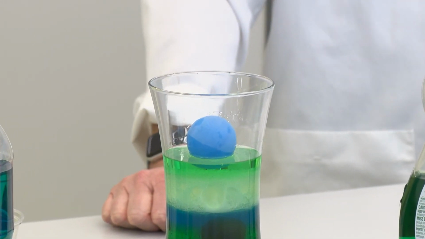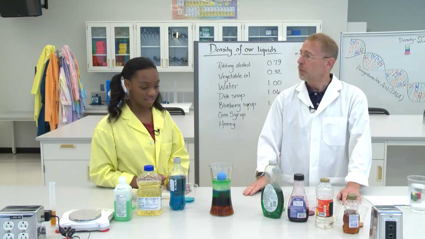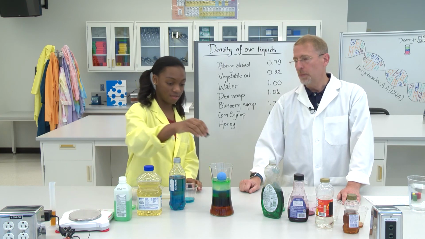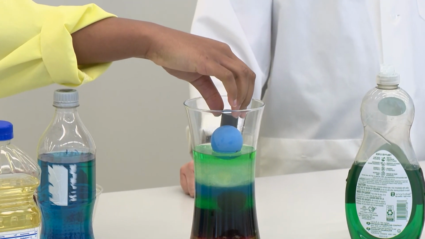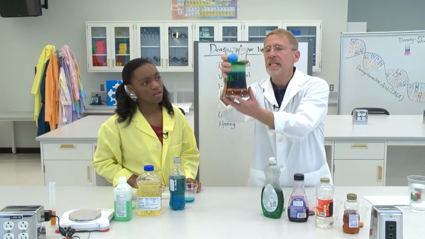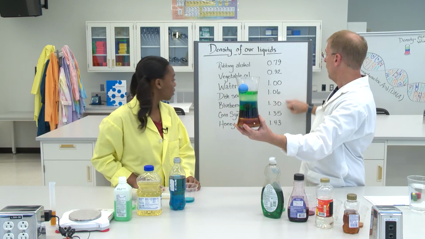Yeah, this is full of air, and it's buoyant, so it's going to just float up on top. And then last, let's try that nylon bead that you've got. And that nylon bead has stopped between the dishwashing soap and the blueberry syrup.